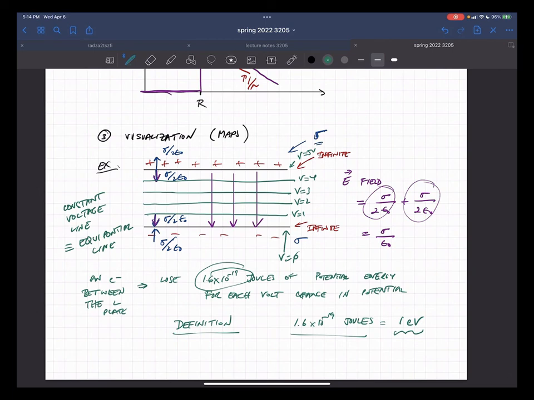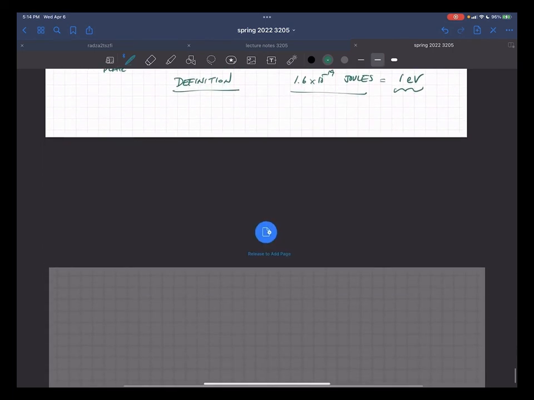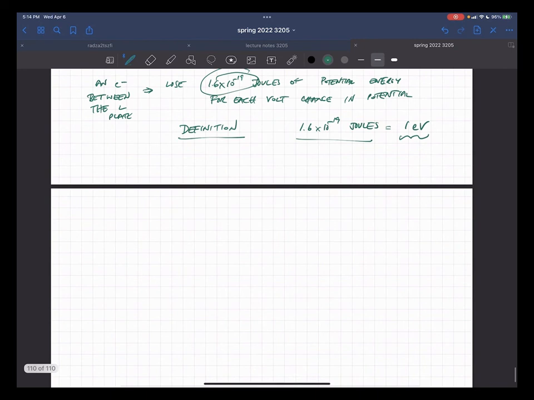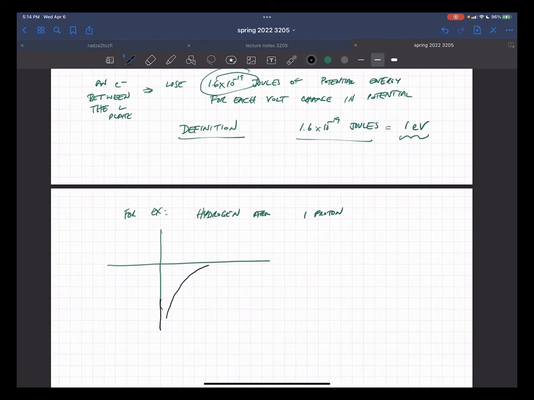So for example, let's say you're talking about a hydrogen atom. The hydrogen atom has one proton, sitting at the bottom of a well, if I can think of it that way, sitting down here. So this is energy.